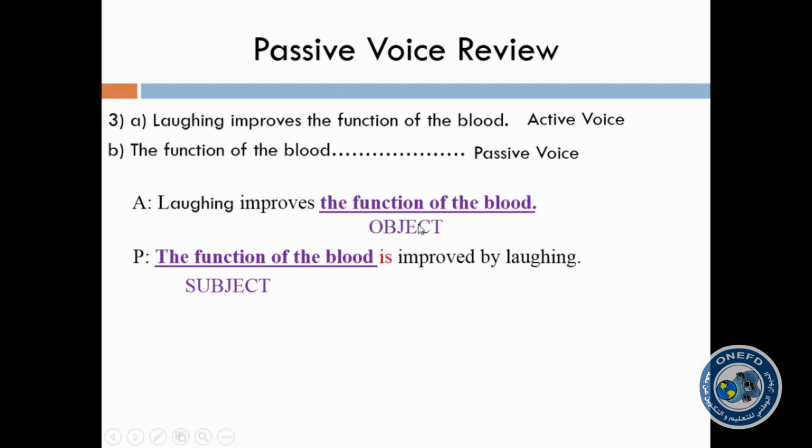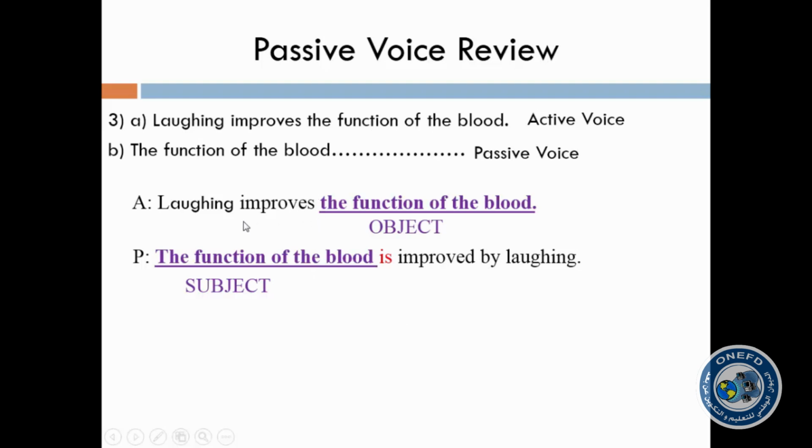In the passive voice, the object becomes the subject of the passive voice, and the subject of the active voice becomes the object of the passive voice, and it's preceded by this preposition, by. It tells us who is doing the action.